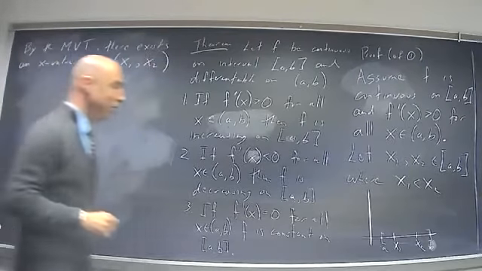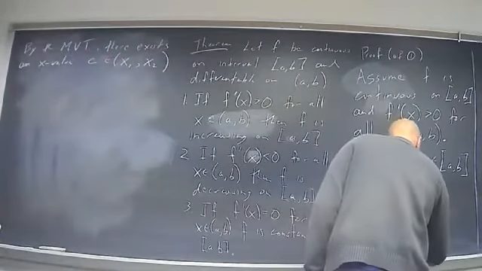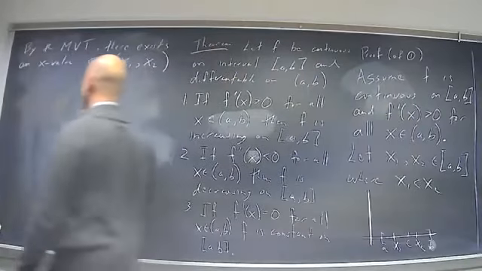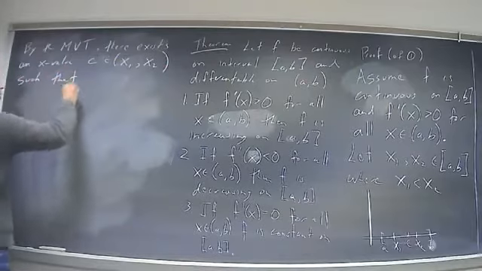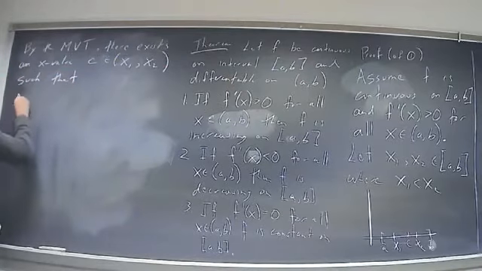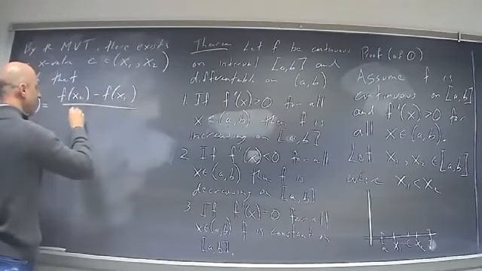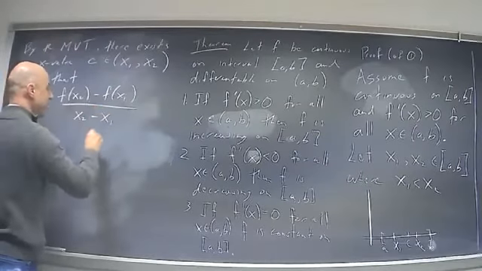So c is somewhere between x1 and x2, such that f prime of c is f of x2 minus f of x1 all over x2 minus x1.